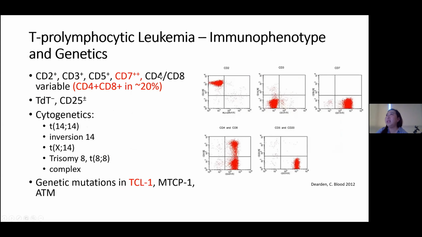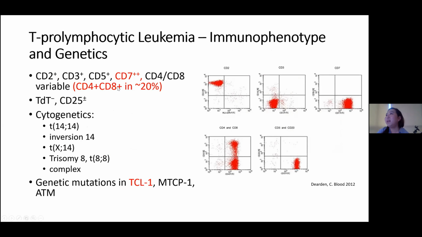And in terms of the immunophenotype, these T cells usually express CD3, CD2, CD5, and usually have bright CD7, in contrast to some other T cell malignancies where they're often losing CD7. In TPLL it is actually pretty bright.